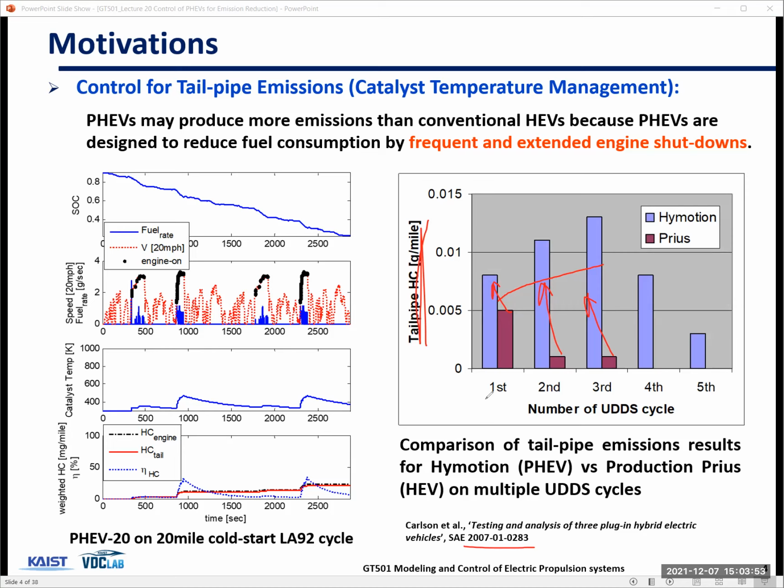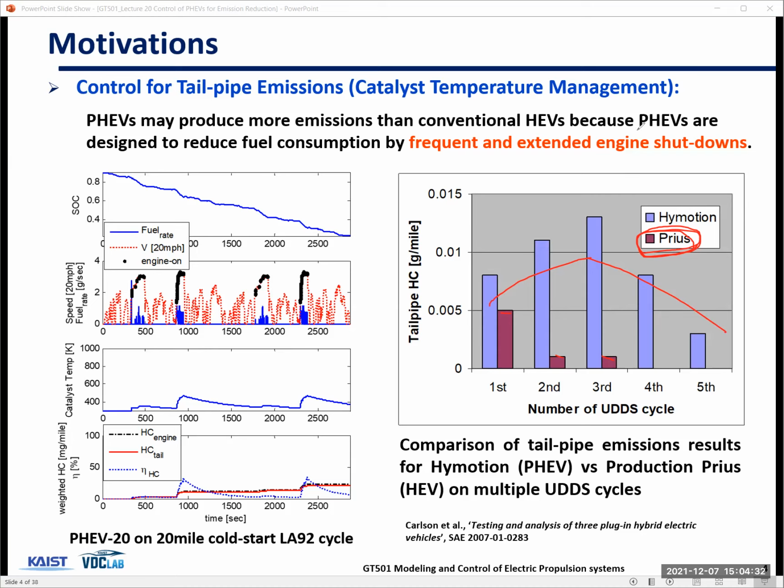Okay. So the factory Prius, just right out of the factory, OEM, had this much emission, but then when you put in a bigger battery and use more battery and less engine, you actually created more emissions.